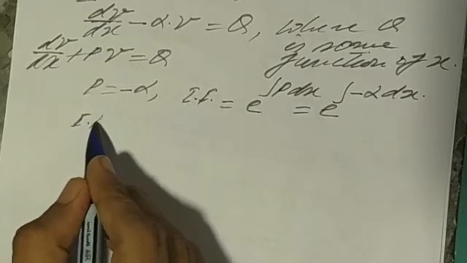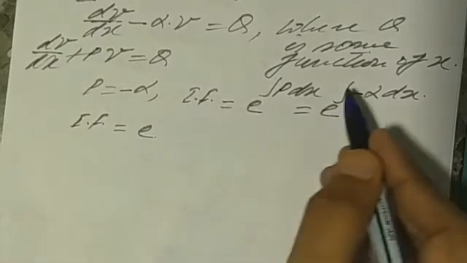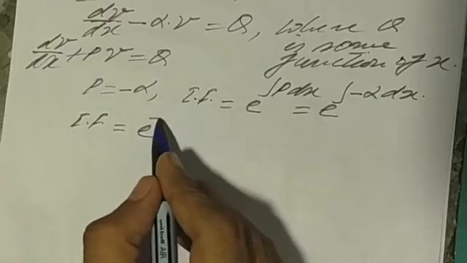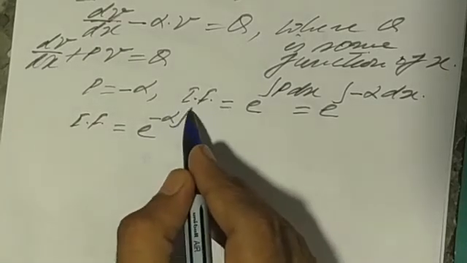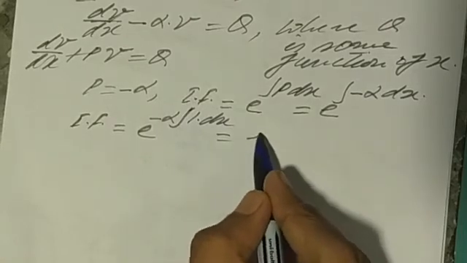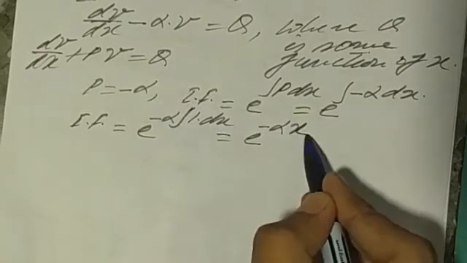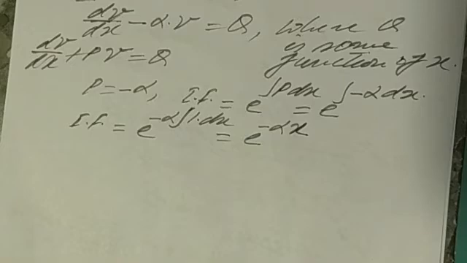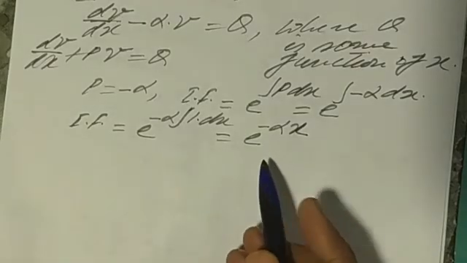As minus alpha is constant, it should be taken out of the integral sign. So inside the integral 1 dx is left, so e raised to the power minus alpha into x, we get e raised to the power minus alpha x as integrating factor.